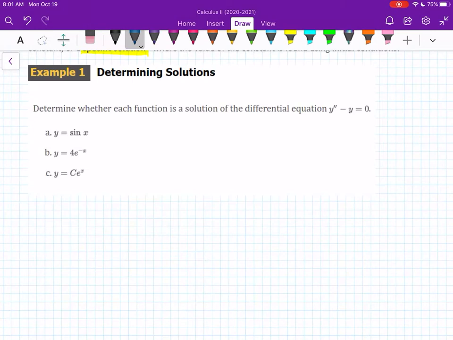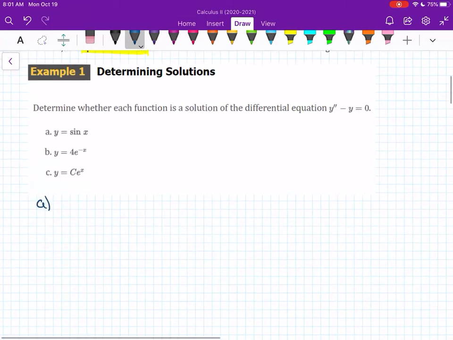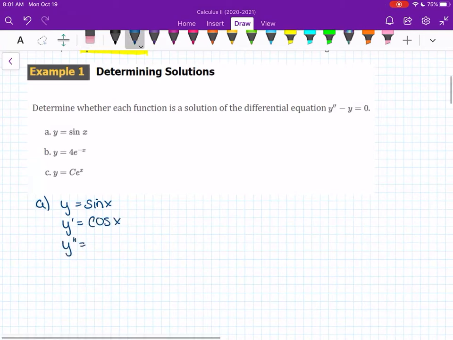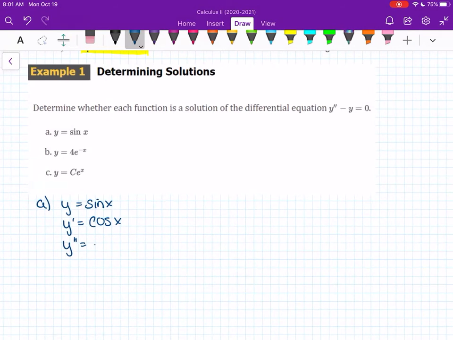This is a second order differential equation, and we need to go through each of these and figure out whether they satisfy it or not. So let's find the second derivative and plug it into the differential equation and see if it works. For the first one, I have y equals sine of x. Then y prime is cosine of x, and my second derivative is negative sine of x.